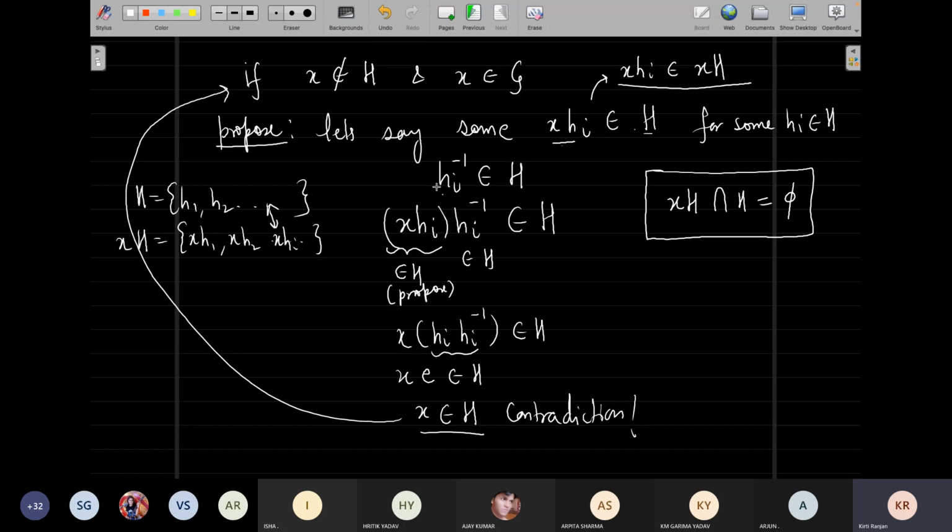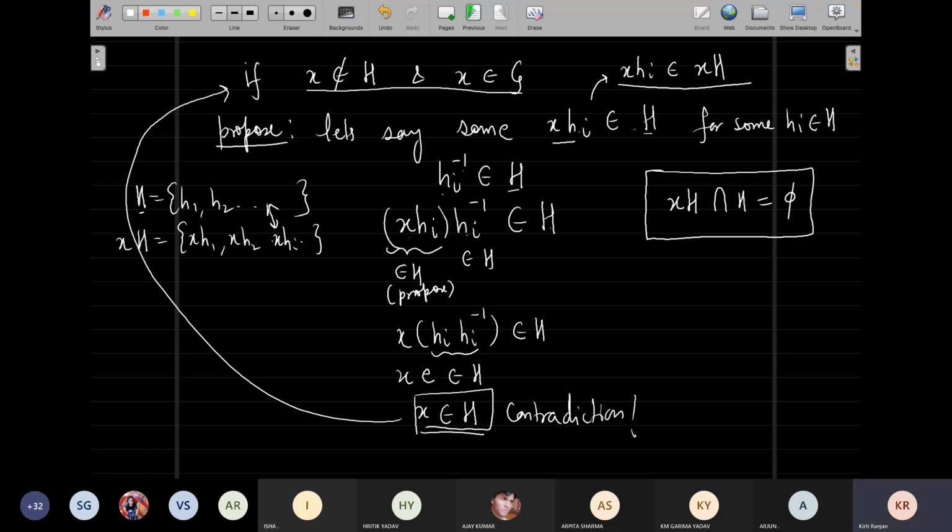Then we already know that hi inverse should surely belong to H because that's the subgroup H. And hence, the product of any two elements of H should still remain within H. That is by definition of the subgroup, that it has to be closed. Since X hi belongs to H and hi inverse belongs to H, the product of the two should belong to H. But then, by using the properties of associativity and the identity, it automatically means that X has to be in H itself.